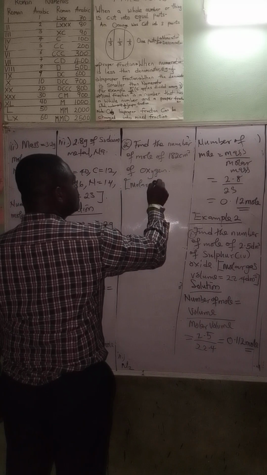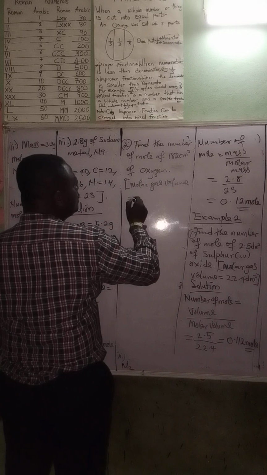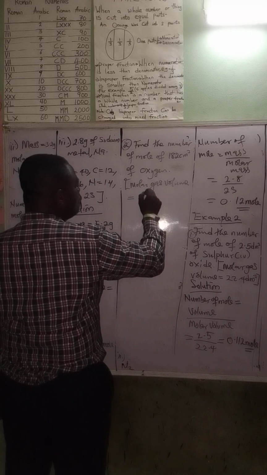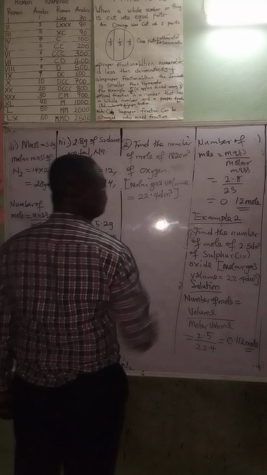Molar gas volume is equal to always 22.4 dm³. This one is, don't want to confuse you.